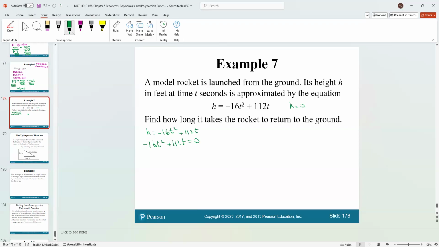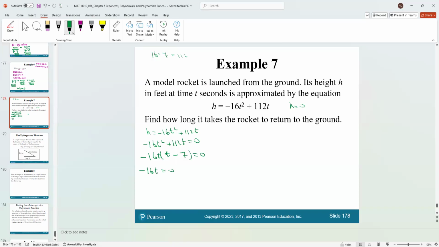Is there a common factor between 16 and 112? Yeah, I think 16 times 7 gives you 112. So if we want, we can factor out -16t, then you have left t minus 7 equal to 0.